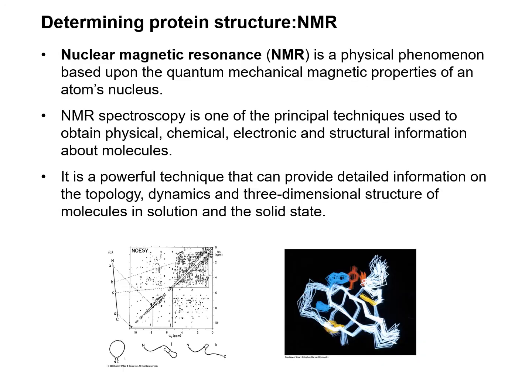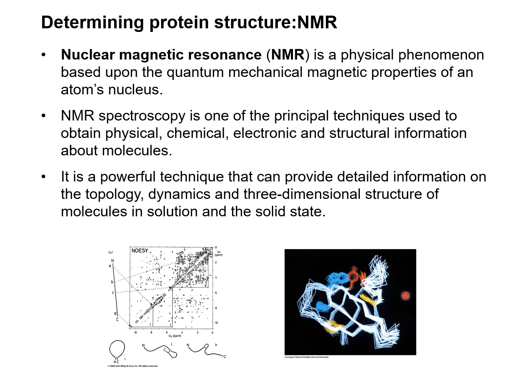Another way to determine the protein structure is nuclear magnetic resonance, or NMR, which is a physical phenomenon based upon the quantum mechanical magnetic properties of an atom's nucleus. NMR spectroscopy is one of the principal techniques used to obtain physical, chemical, electronic, and structural information about molecules.